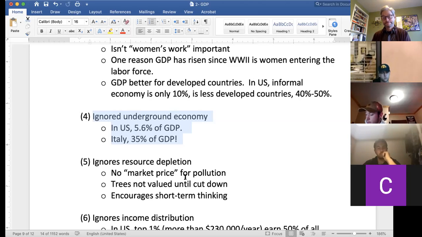And so GDP is going to be a worse measure of well-being in countries where a lot of activity is going on under the table. Sometimes this is illegal activity. Sometimes it's just activity to avoid paying taxes. Some countries, for instance Greece, have a terrible problem of an underground economy, not because there's a lot of illegal activity per se, but because a lot of people do things under the table because they don't want to pay taxes on it.